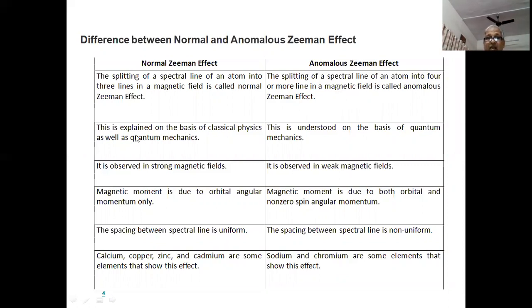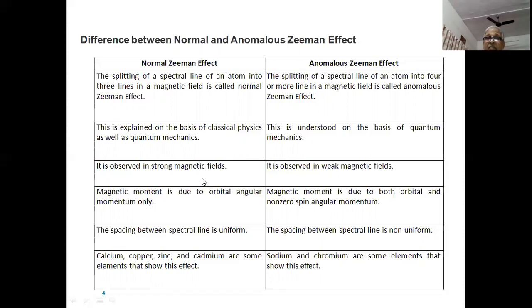If we get 3 lines in anomalous Zeeman effect, then the spacing between these split lines is not equal. Normal Zeeman effect is explained on the basis of classical mechanics as well as quantum mechanics, but anomalous Zeeman effect is understood only by using quantum mechanics. Normal Zeeman effect is observed in a strong magnetic field, and anomalous Zeeman effect is observed in weak magnetic field.